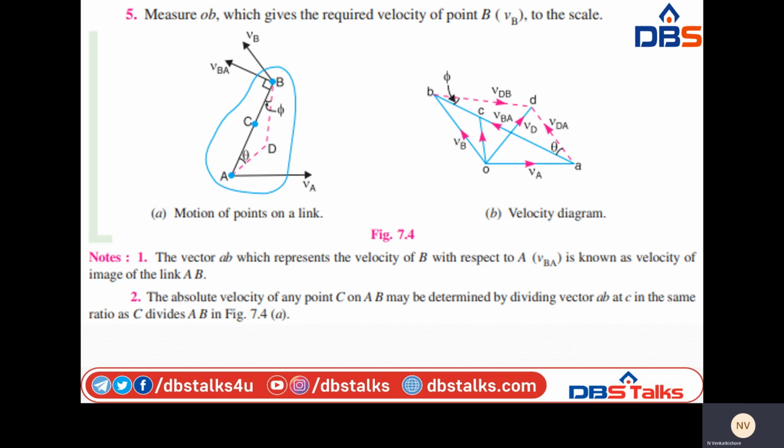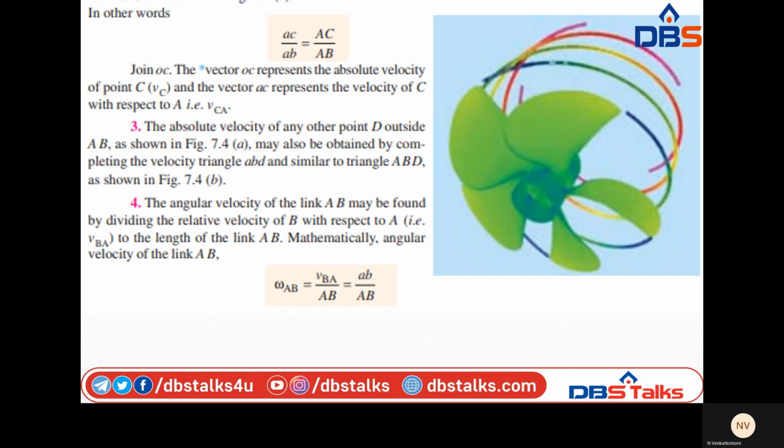ABC are in a line and D is separate. Then it may also be obtained by completing the velocity triangle abd similar to the triangle ABD, which was completed with a suitable scale in figure A. The same thing we need to do in the velocity diagram.